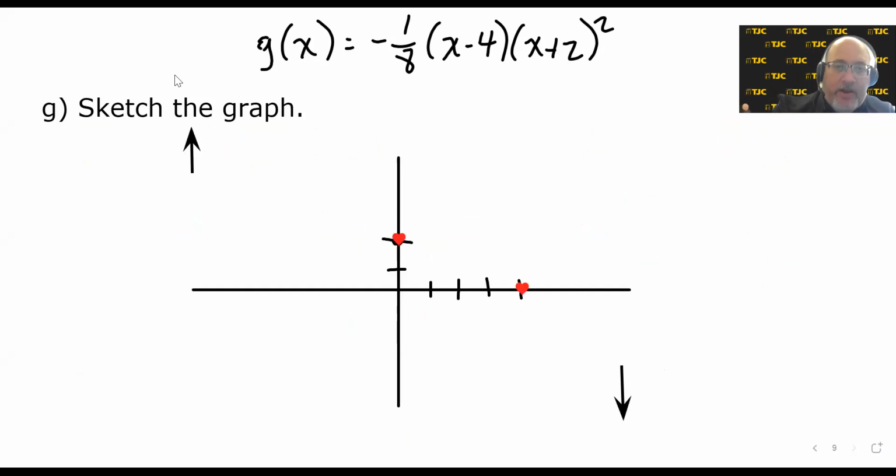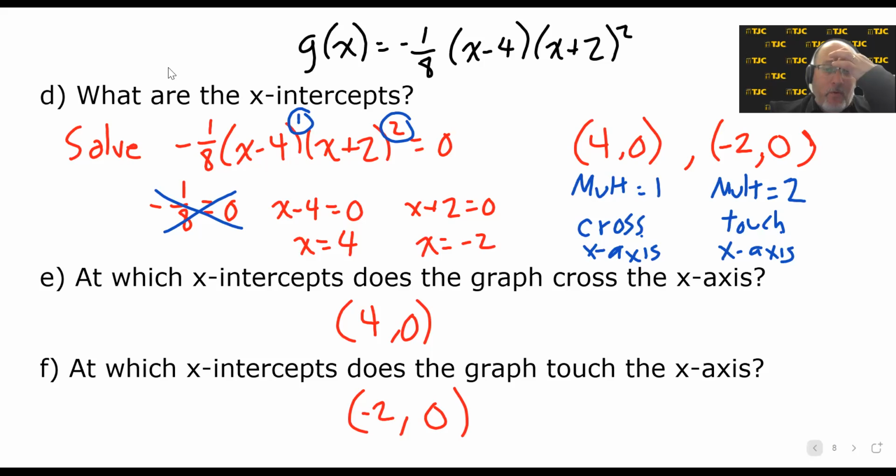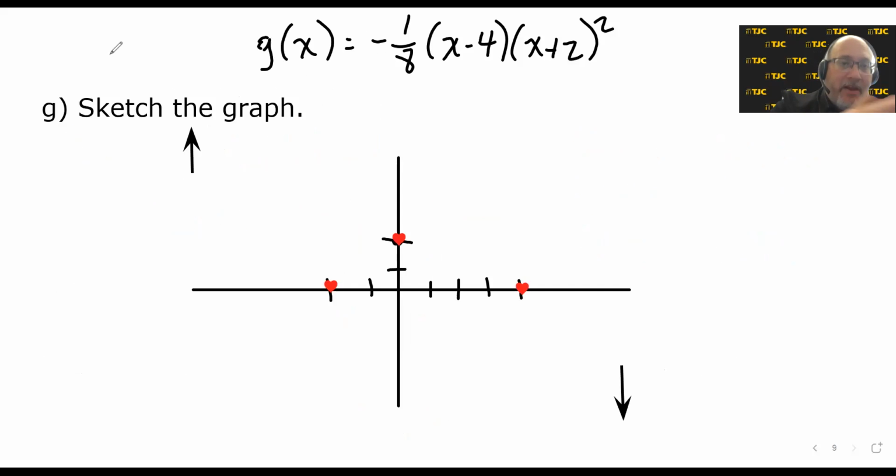Might as well put one on the y-intercept. Make sure I said that correctly. Cross at 4, touch at -2. And let's make a reminder that we cross at 4 by putting a C there, touch at -2 by putting a T there. And now I think I see the graph.